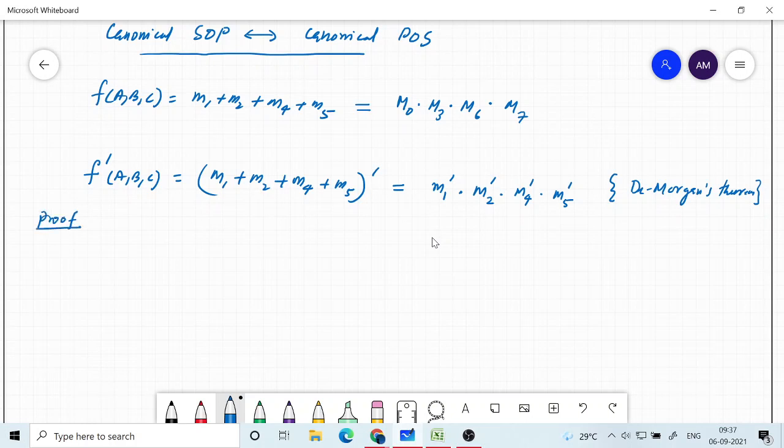Since you already know the proof for two variables, you can write it like this.